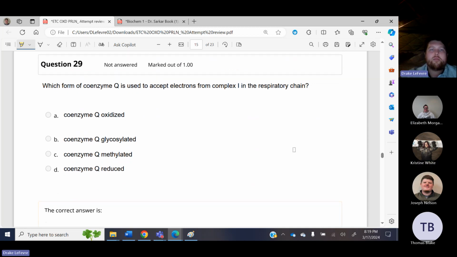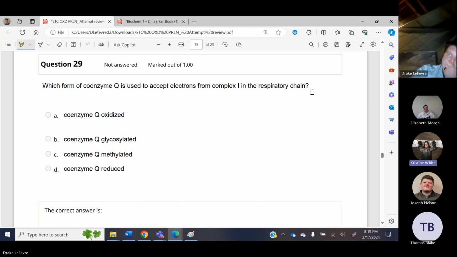Okie dokie. Which form of coenzyme Q is used to accept electrons from complex 1 in the respiratory chain? Oxidized. It is oxidized. I feel like most of the time, it's either oxidized or methylated.